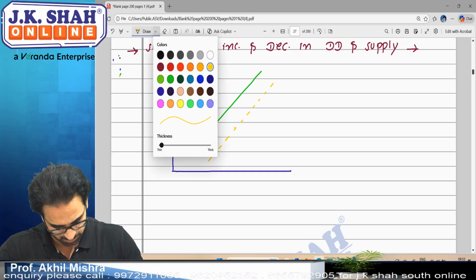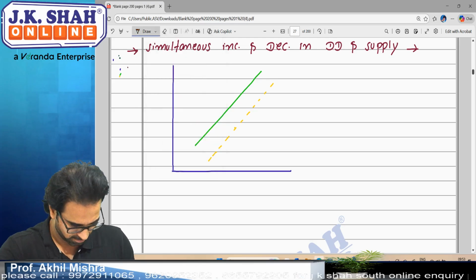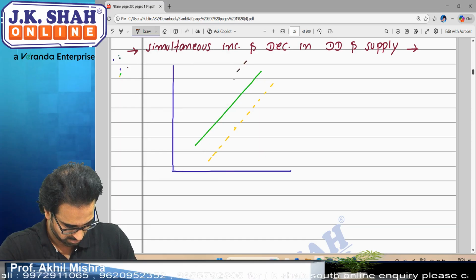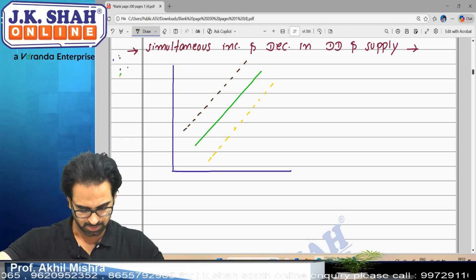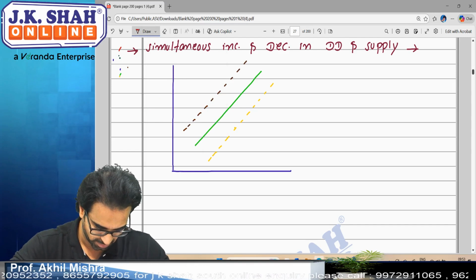Increase in supply, then decrease in supply. Then go for the original demand curve first.